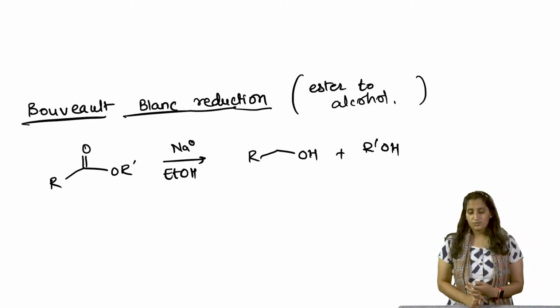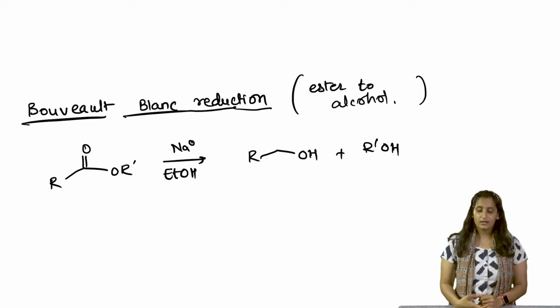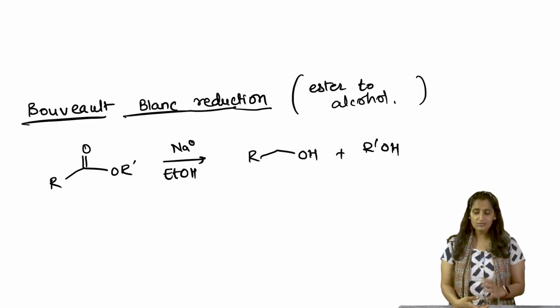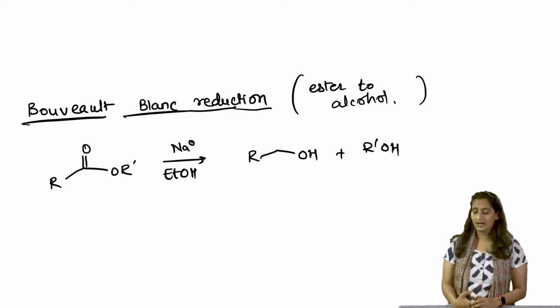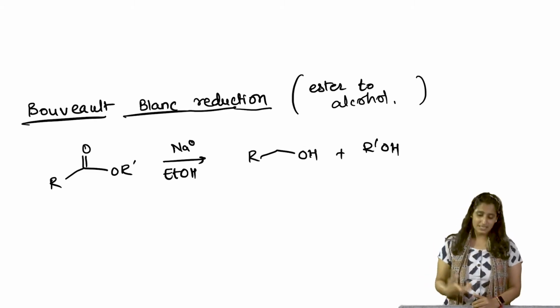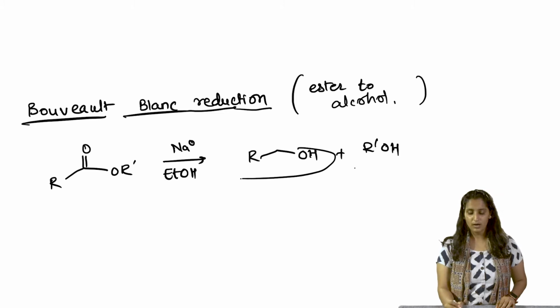As you can guess, because it is sodium, it is going to be doing one electron reduction at a time, and that is the reason why it is not so preferred, and nowadays we do not do a Bouveault-Blanc reduction unless it is really impossible to do any other kind of reaction, because for this reaction you would need sodium in excess. So, you start from an ester, you end up forming 2 alcohol molecules.